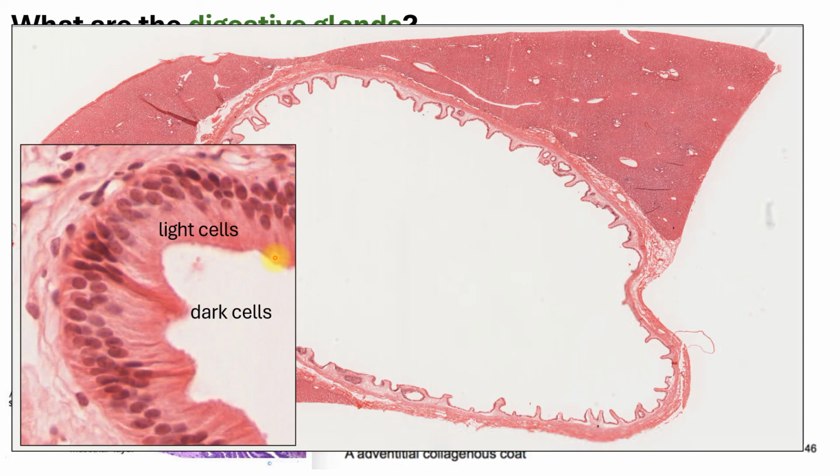Majority of the light cells would be the ones which have roles in absorbing excess water and concentration of the bile, while the dark cells, since they are dark, it means they're more active, they contain more organelles which produce something.